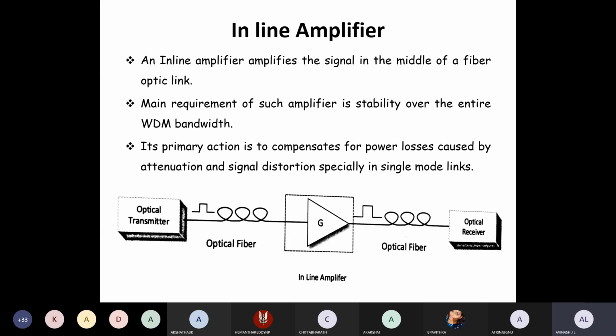If it is a multi-mode link, we cannot use this inline amplifier. Only if it is single mode can we use it. If you want to use it with multi-mode, a larger number of amplifiers would be required. That is exactly the meaning.